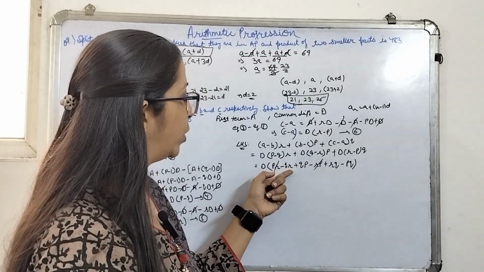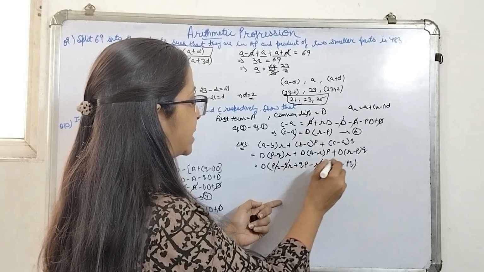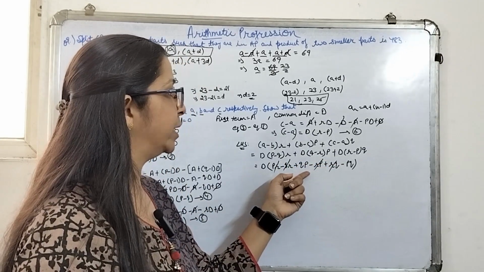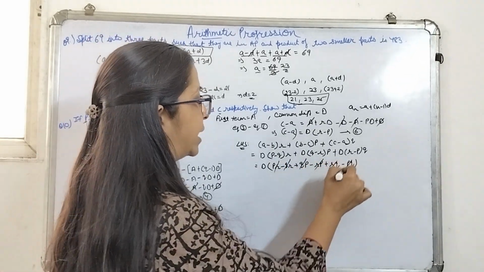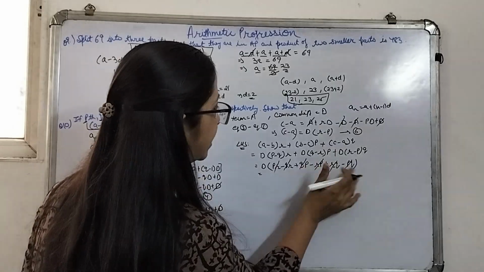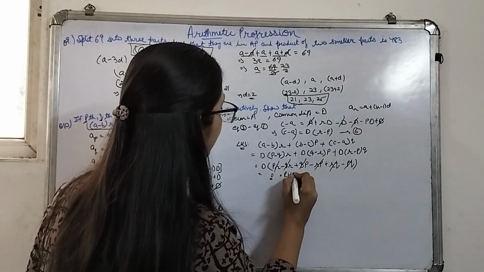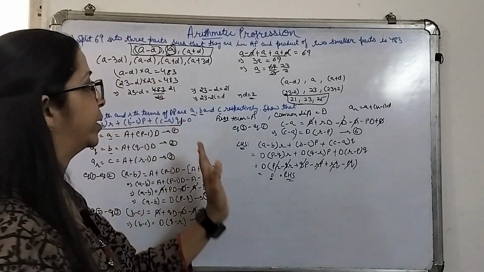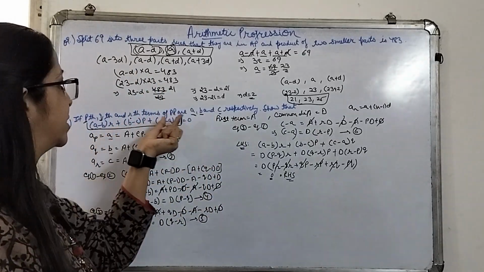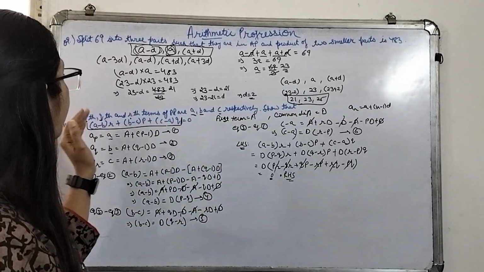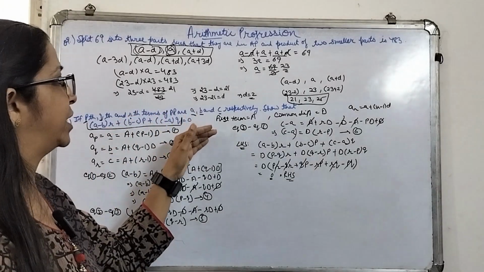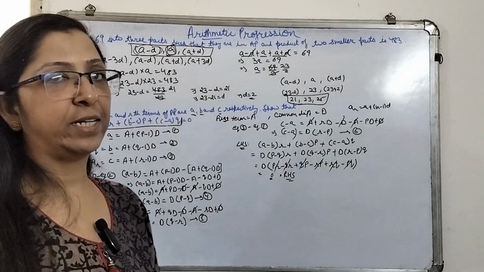It is minus QR, it is plus QR, cancelled. It is plus QP, it is minus QP. Both are cancelled. So D multiplied by 0, it is your 0 only, and it is equivalent to RHS. So this is how we can prove that this condition is equivalent to your RHS if the Pth, Qth and Rth terms of the AP are A, B, C respectively.